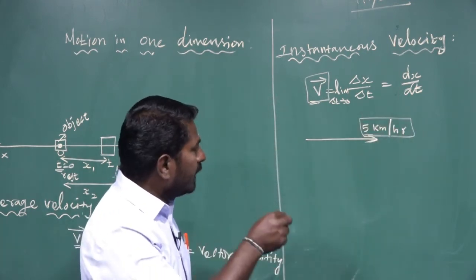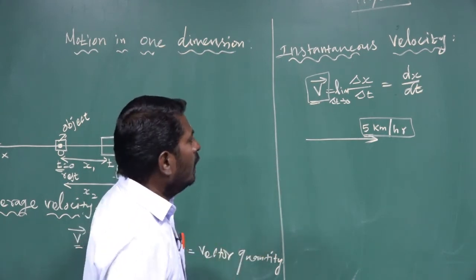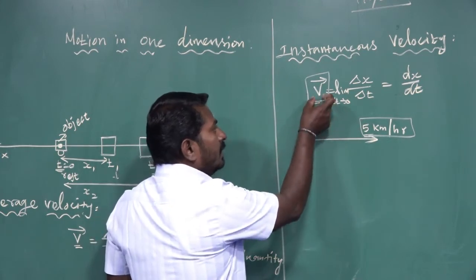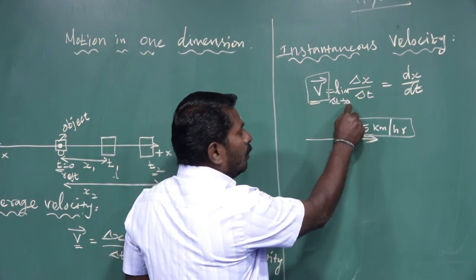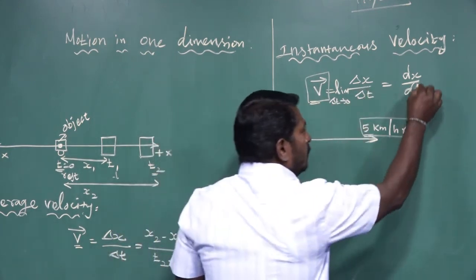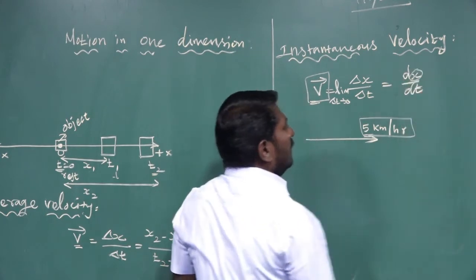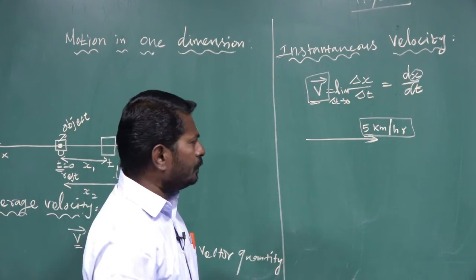But generally, instantaneous velocity is equal to the limit of del x divided by del t as del t approaches 0, which is the first derivative of displacement with respect to time.